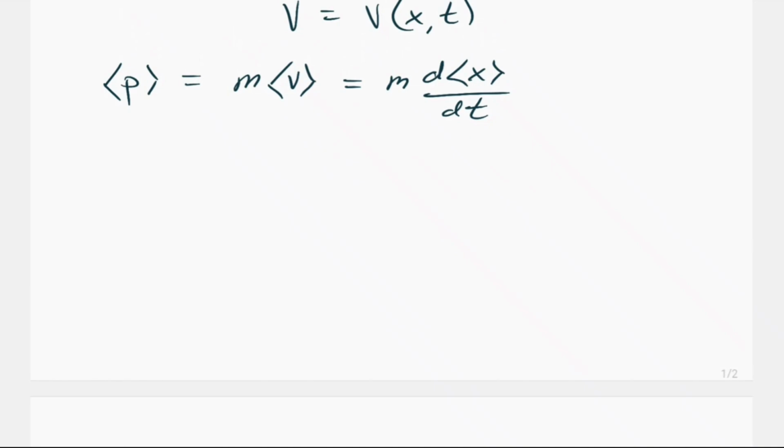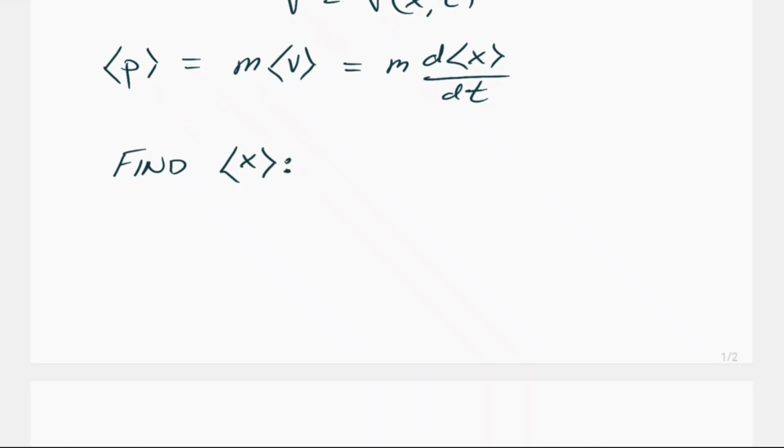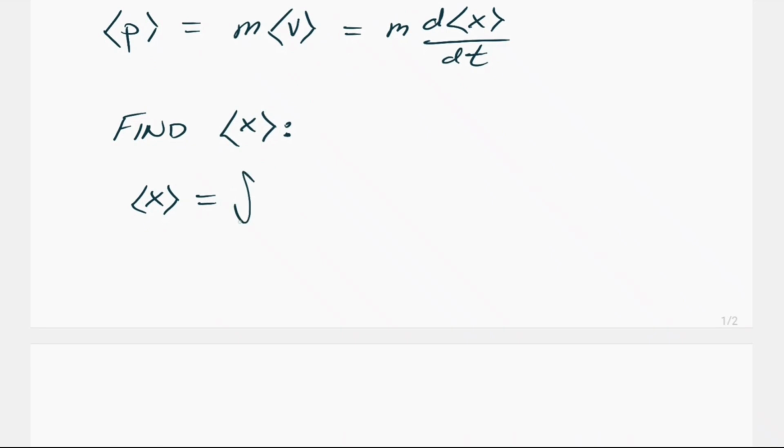Alright, so now we have to start by finding the expectation value of x. Well, how are we going to do that? We have an obvious formula that we learned from any quantum physics textbook: the integral from negative infinity to infinity of x times the wave function squared dx.